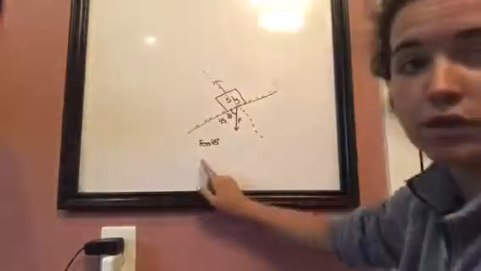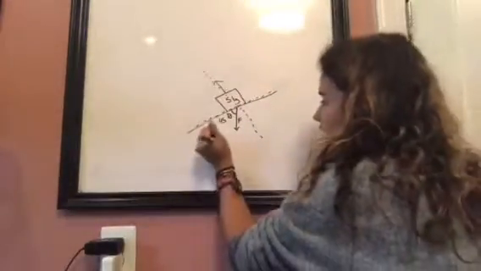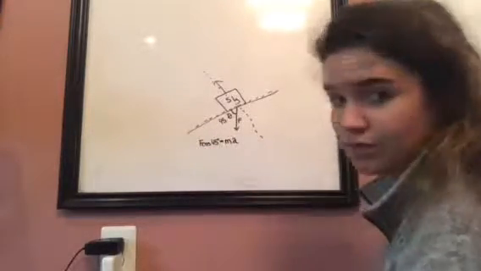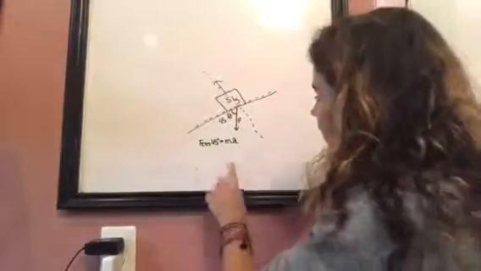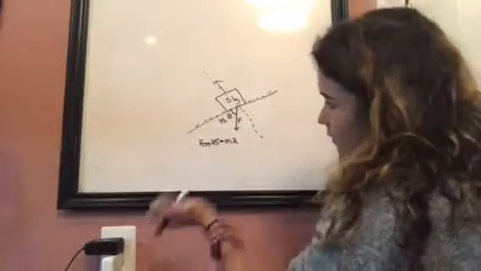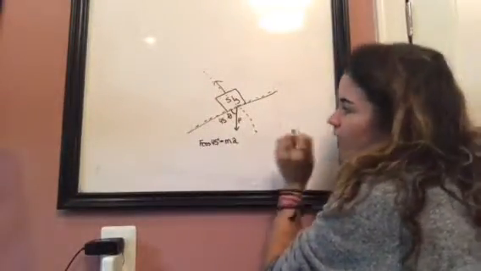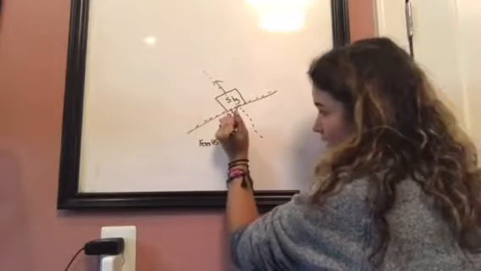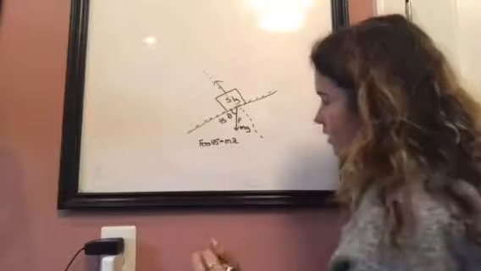So now you can take the F cosine 45 and set it equal to the mass times the acceleration if you want to solve for the acceleration. Now that we've done that, we can start plugging in numbers. The force acting in this direction is m times g.